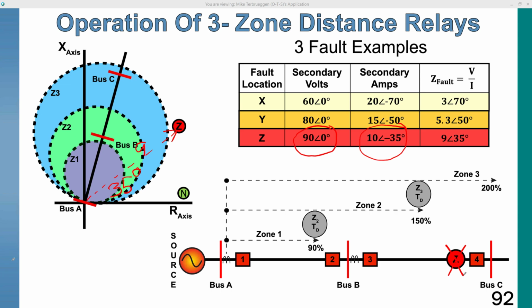Now, don't panic. I still got my zone 1s, my zone 2s, and my zone 3s back here. But the relays back here at bus A, they don't see this. Now, again, on important lines, you'll have multiple pilot schemes, you'll have multiple distance schemes.